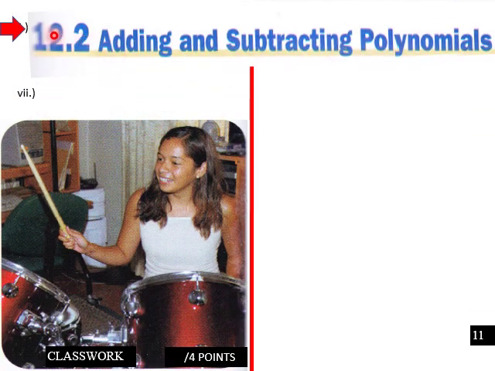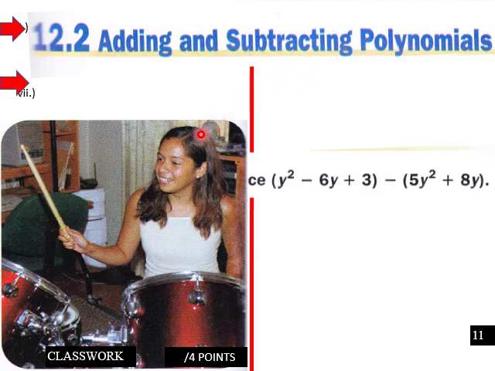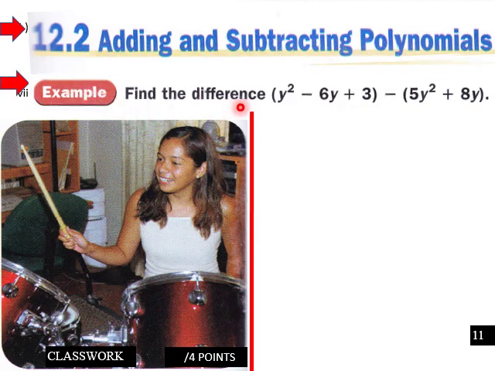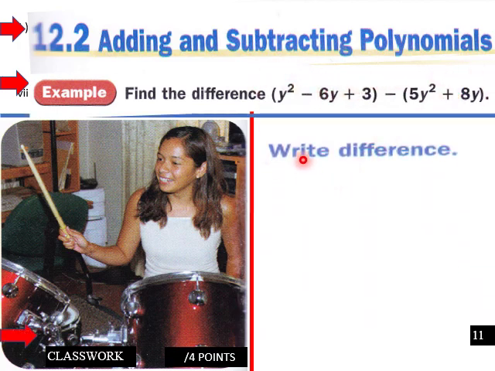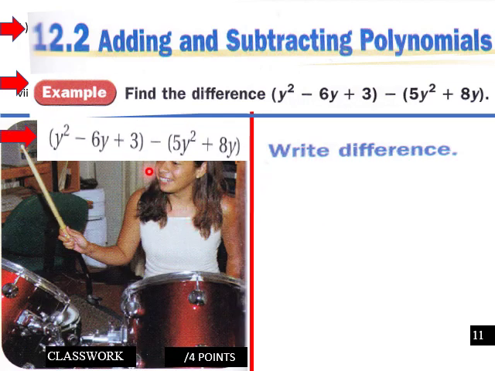Okay, so for 12.2, adding and subtracting polynomials. Find the difference between the quantity y squared minus 6y plus 3 minus the quantity 5y squared plus 8y. So how do we find the difference of these two polynomials here? So write the difference. This is our difference again.